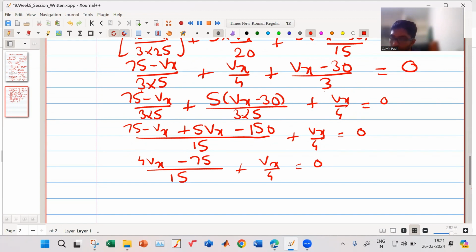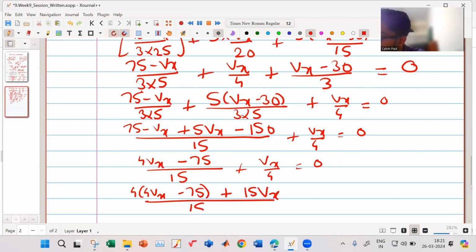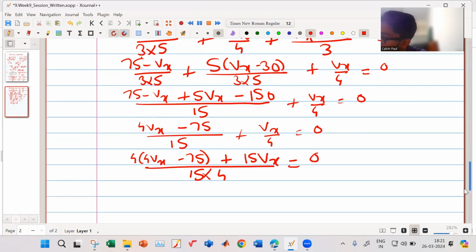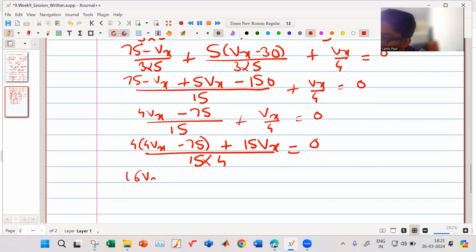Now what should I do then? Take the LCM. So I do my cross multiplication. It becomes 4 into 4Vx minus 75, plus 15 into Vx, upon 15 into 4, is equal to 0. So this becomes 16Vx.